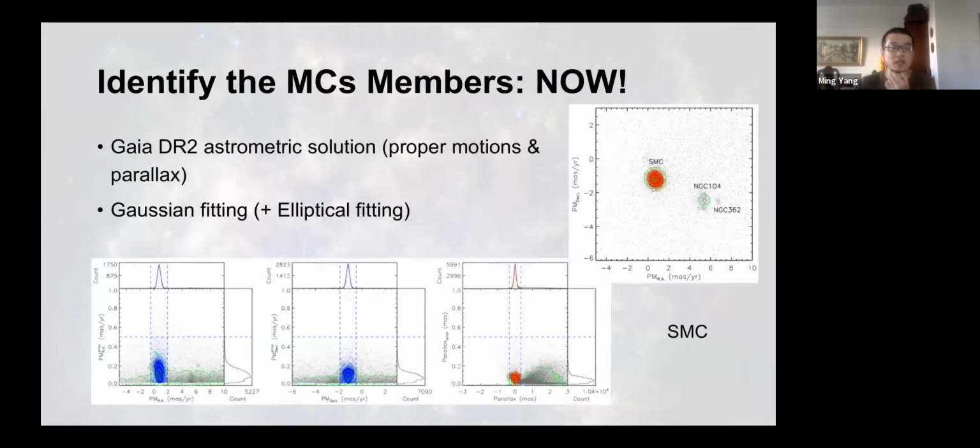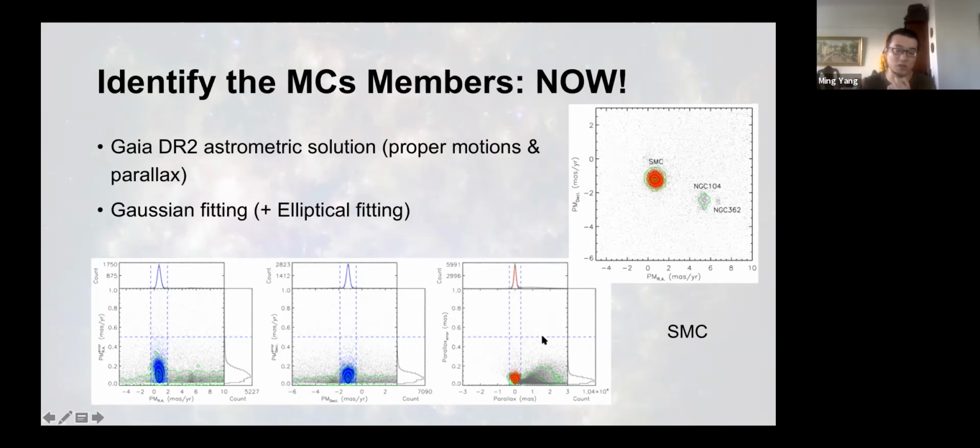Then it's very easy to identify the members of the Magellanic Clouds. For example, here at the bottom, you will see 3 diagrams. The x-axis is the proper motion in RA, Dec, and also parallax. The y-axis is their number. Obviously, you can see there are 3 peaks here.